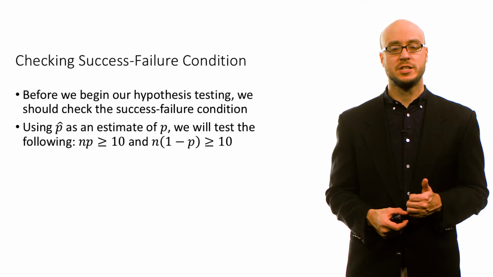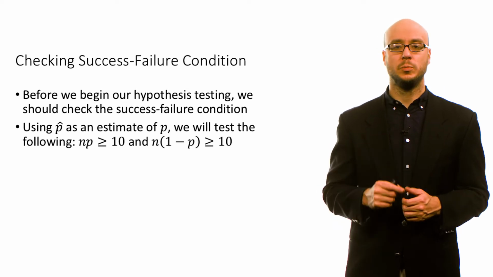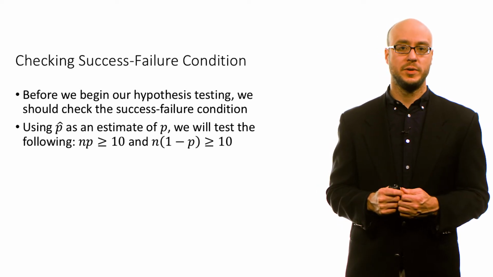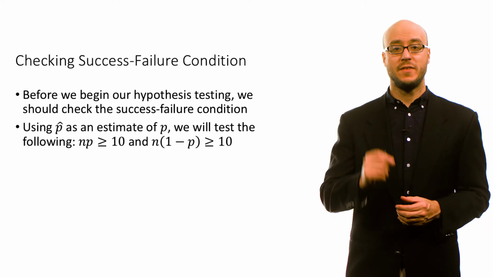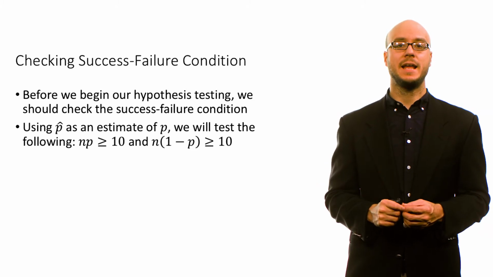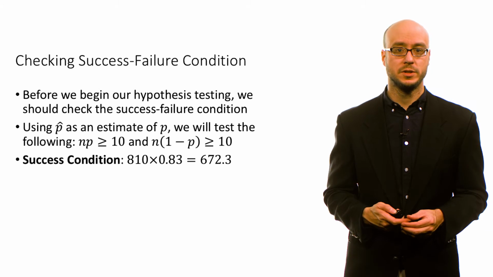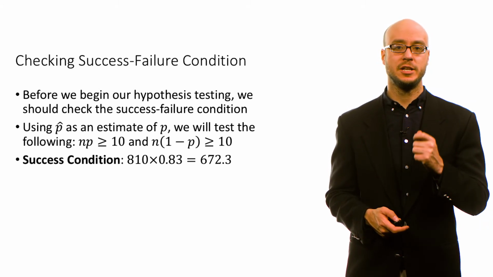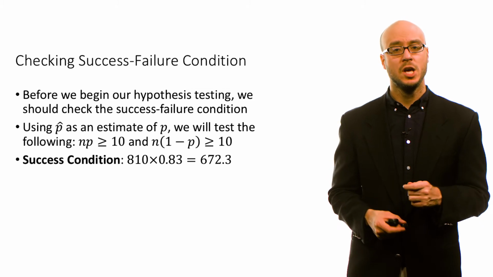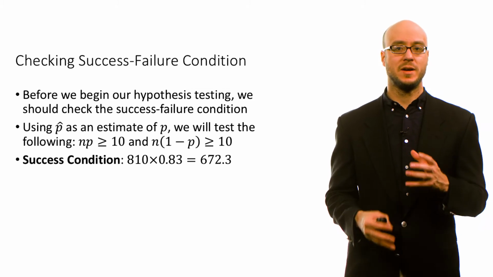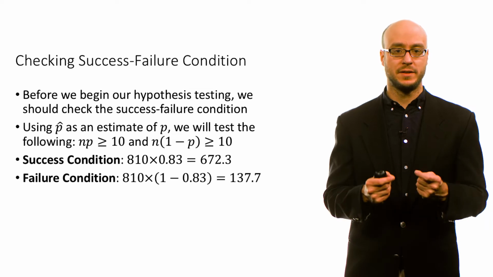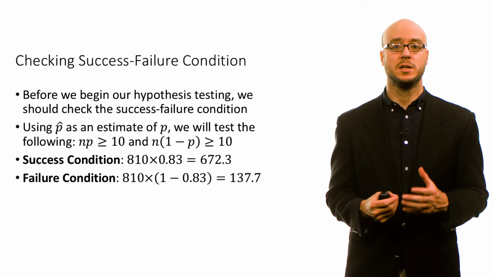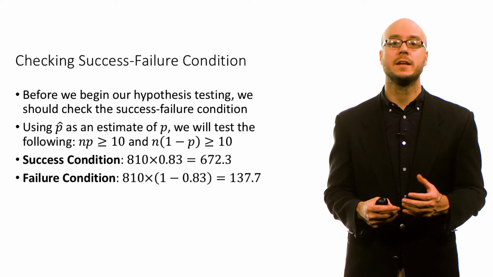The success-failure condition says that p hat will be approximately normally distributed on the sampling distribution if n times p is greater than or equal to 10 and n times 1 minus p is greater than or equal to 10. Plugging in p hat for p and using our sample size of 810, we'd expect the number of successes to be about 672, and we'd expect the number of failures in that sample of 810 to be about 137 or 138.